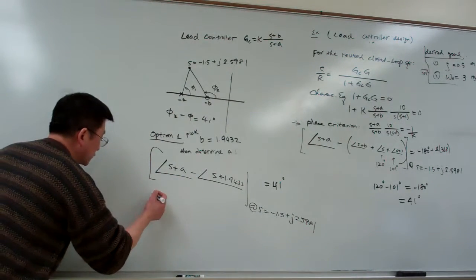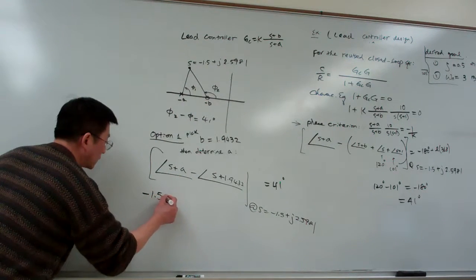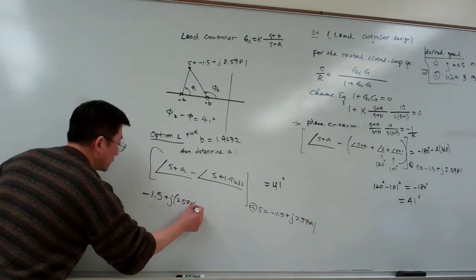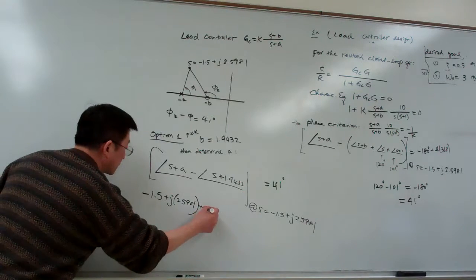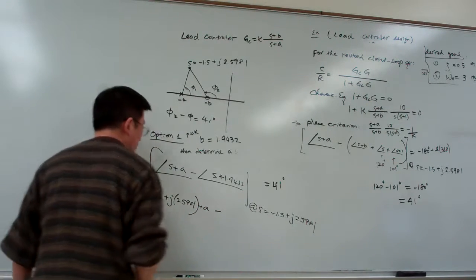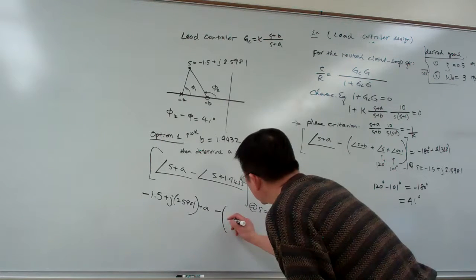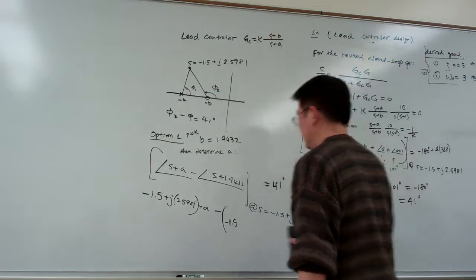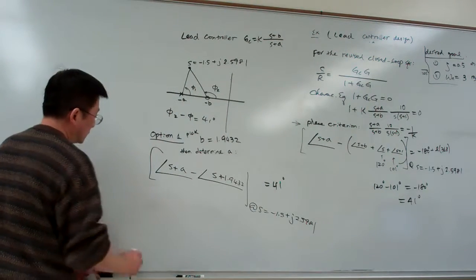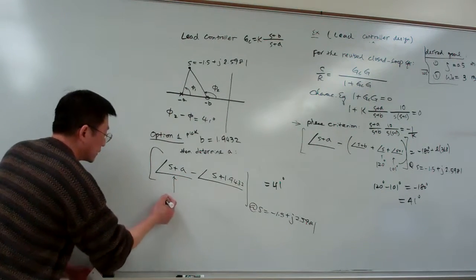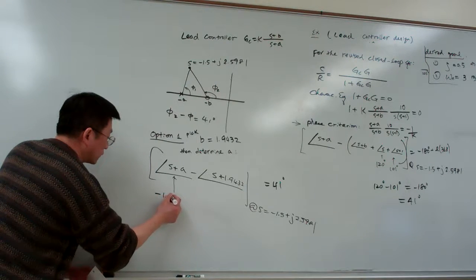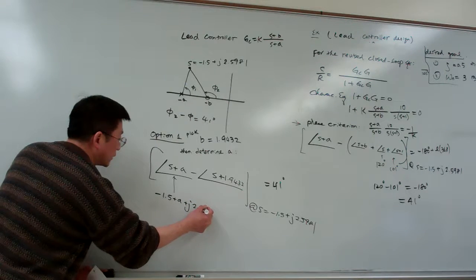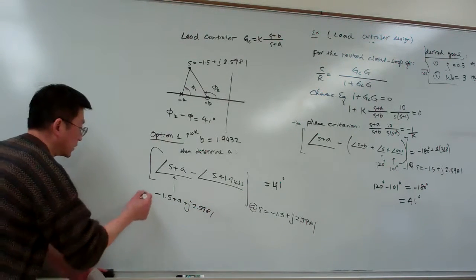So when S equals that, one simply is minus 1.5 plus j 2.5981 and plus A. So this one, S plus A, is minus 1.5 plus A plus j 2.5981. So that is S plus A.